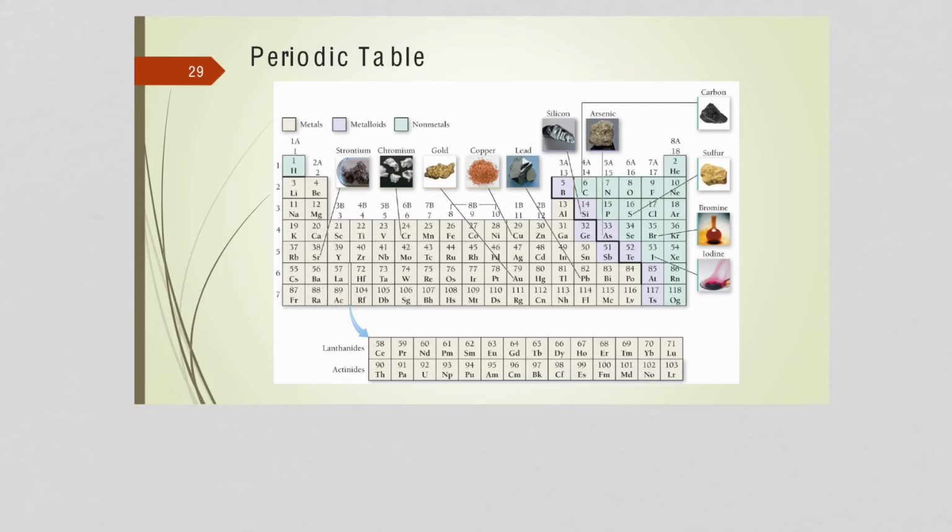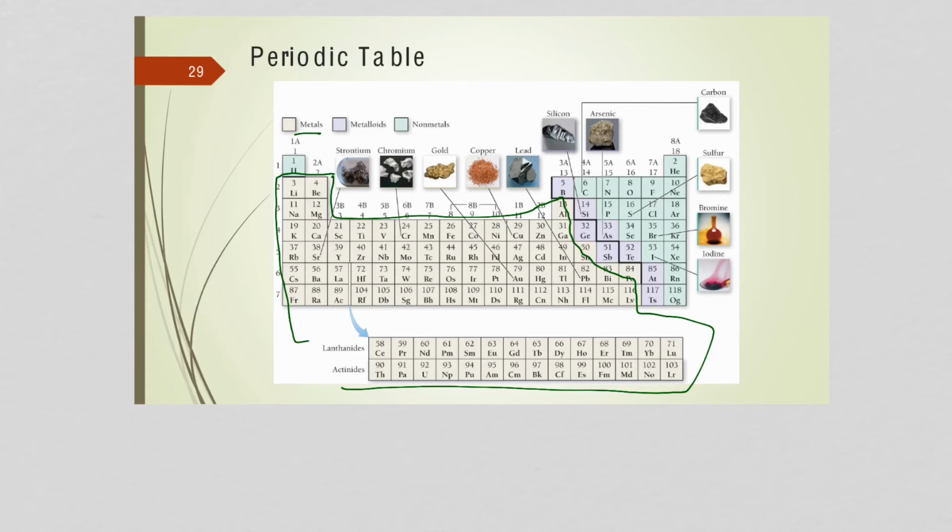So if we think about metals, metals are located on the left to middle part of the periodic table. So all of these here, these tan elements here, these are all metals. So the vast majority of elements in the periodic table are metals.